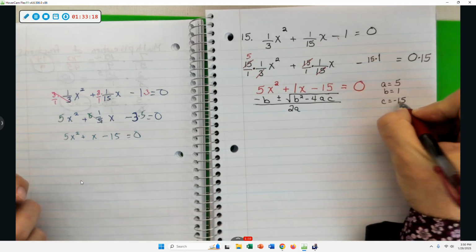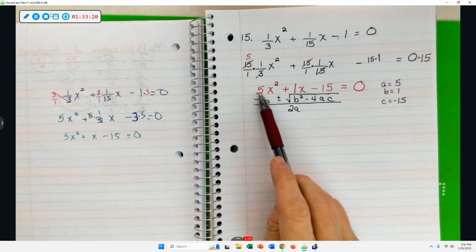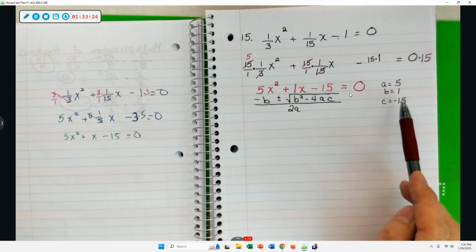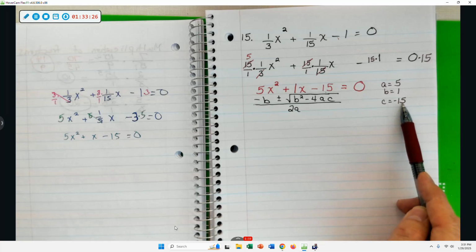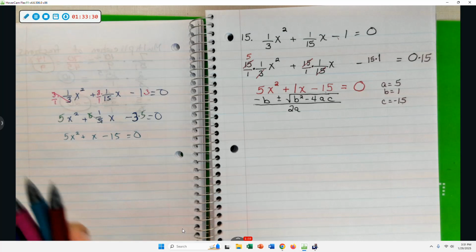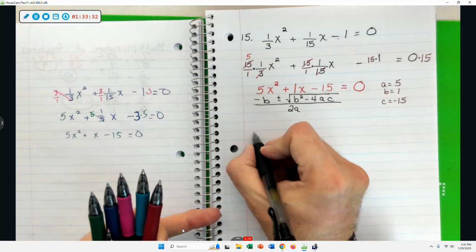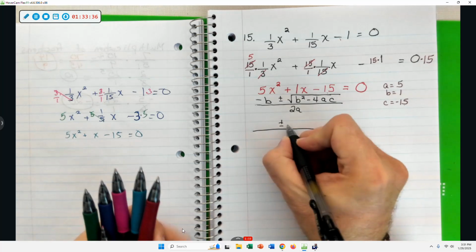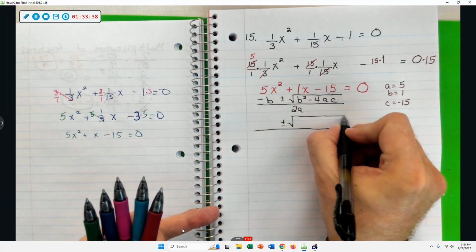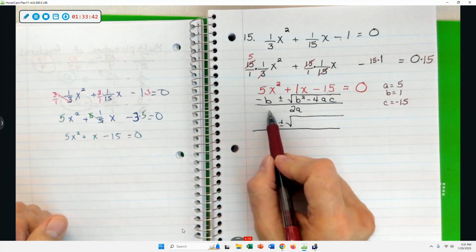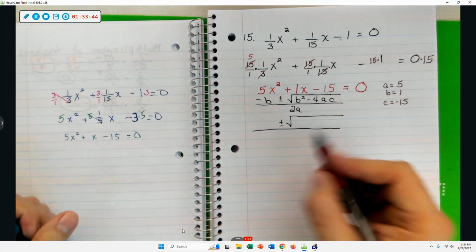Ooh, I didn't even ask y'all. I'm just getting ahead of myself. A is 5, B is 1, and C is negative 15. So let me start trying to plug into this quadratic formula. I have the plus, minus, and the square root. So let's see, what do we have? Negative b, would that just be a negative 1?